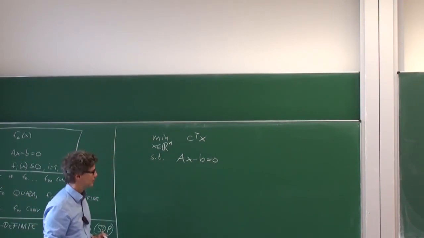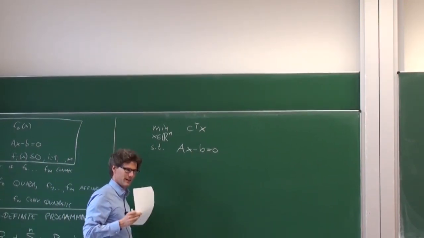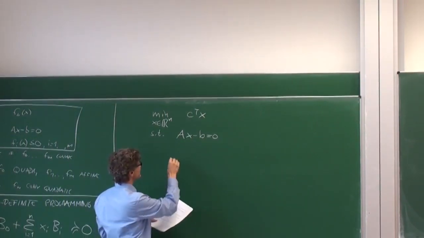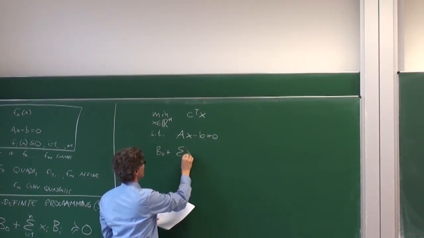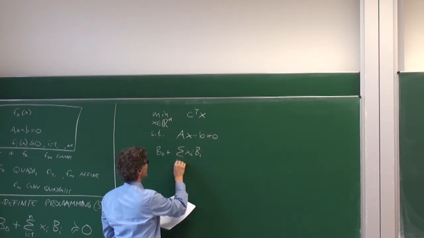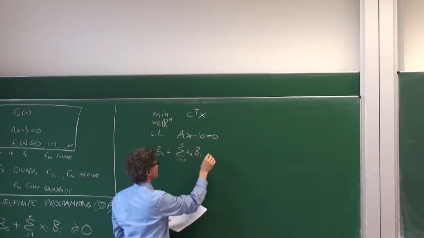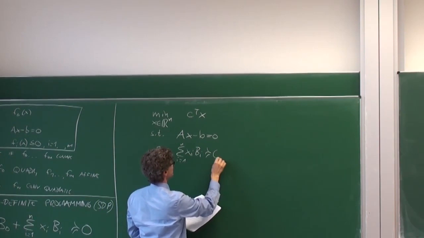So until now nothing new, but then we replace all the things which were before inequalities by an LMI. So we have B0 plus the sum of xi Bi, i from 1 to n, being positive semi-definite.